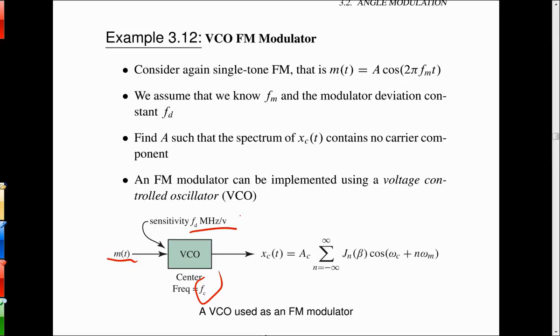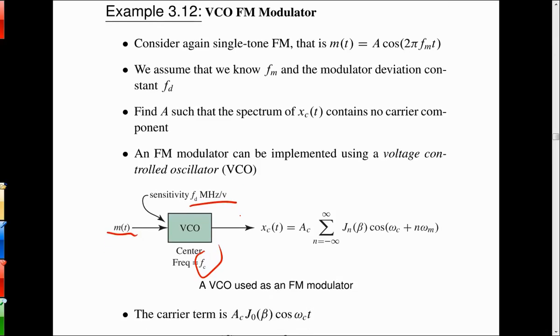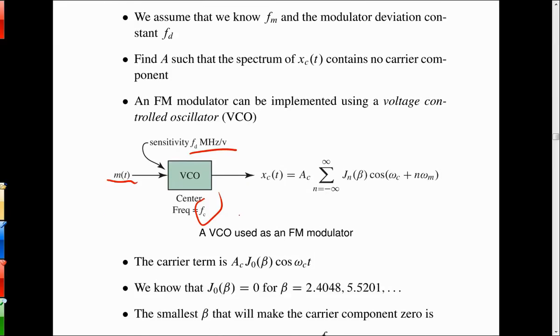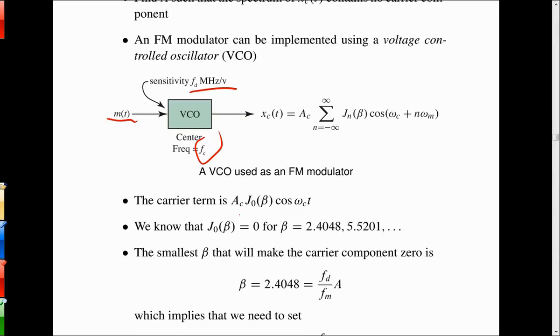sinusoidal FM modulation. So FD along with FM, that and the amplitude forms beta, remember? So beta is FD over FM times the amplitude of the signal that you would feed in. And this was just an example of the 2.4048.